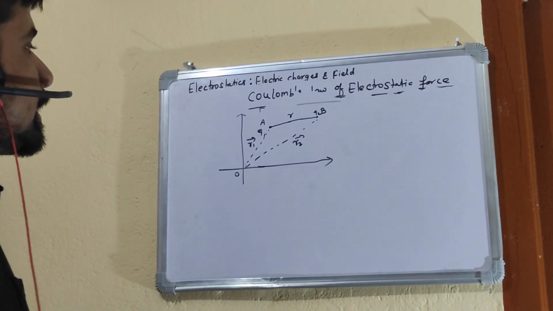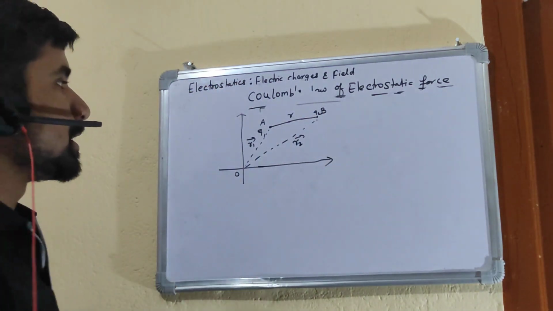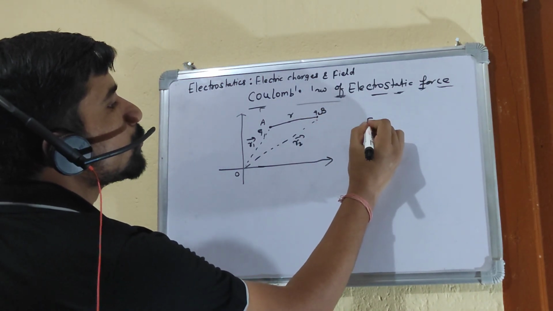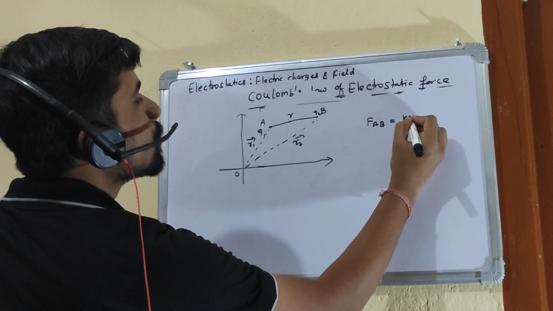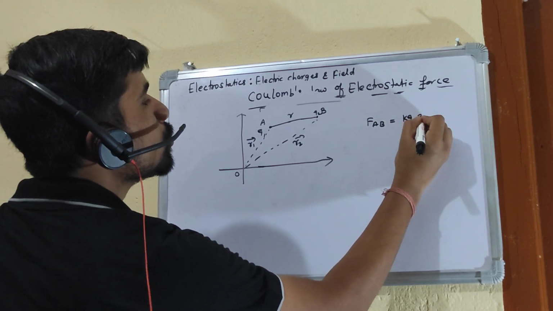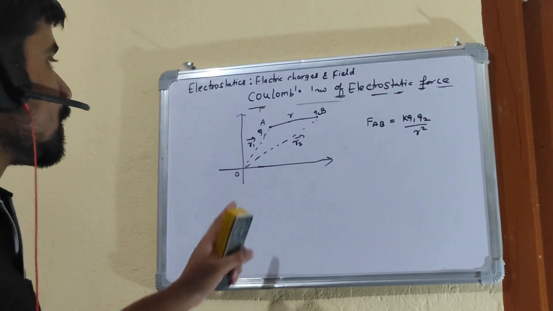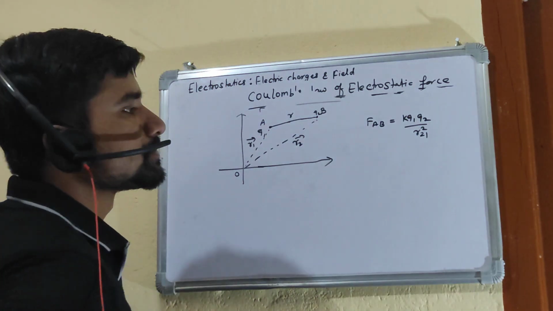Now I know what the force between A and B will be. So let's talk about the force exerted by B on A. It will be k q1 q2 by r square, the magnitude, right? So can I write it like this, r21 square?